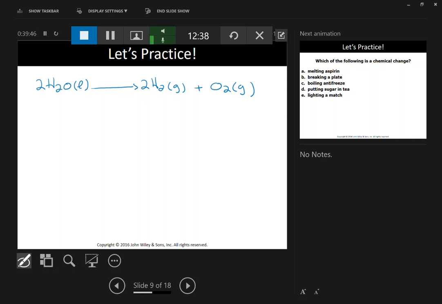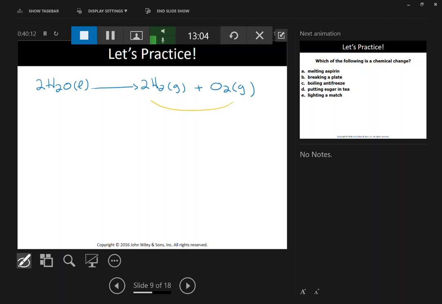A couple of things that are important in terms of reading chemical equations is looking at, first of all, the arrow. This arrow tells you the direction of the reaction and it's always pointing towards the product. So this arrow points towards hydrogen and oxygen gas.